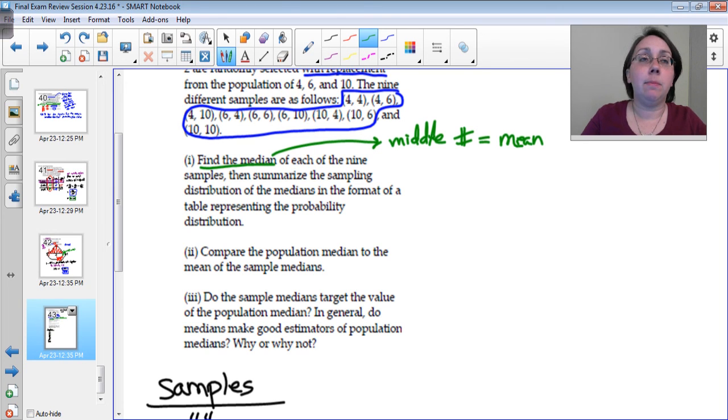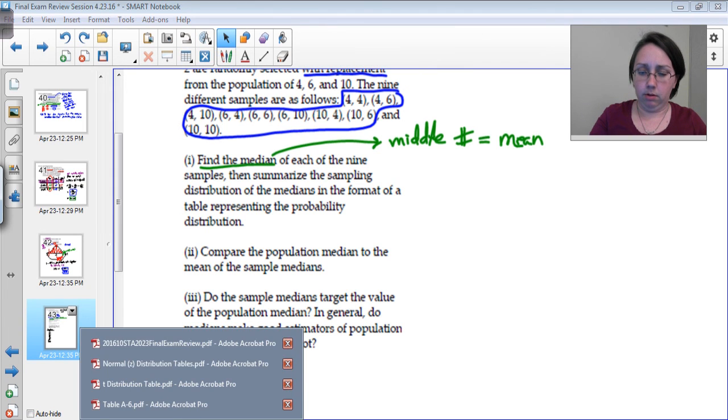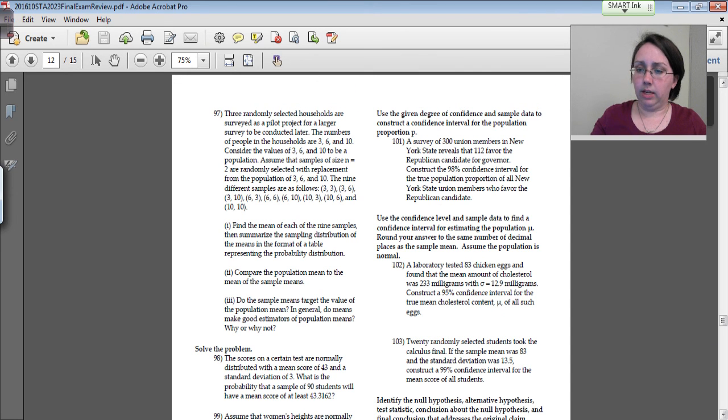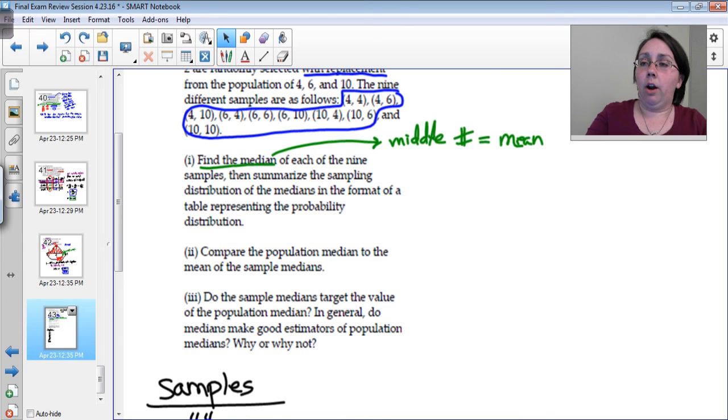So this is very similar to the other example in your review, where they ask you to find the mean. Let me check. Yeah, 97, sorry. 97 asks you to find the mean. So most of this is going to be identical on 97, because the median of 2 values is just the mean of 2 values. All right, so let's do that.